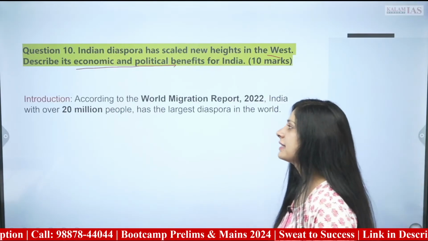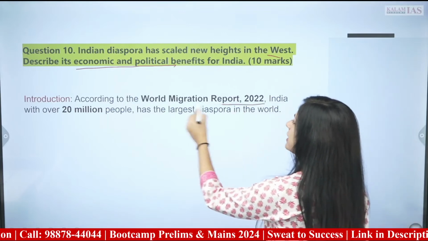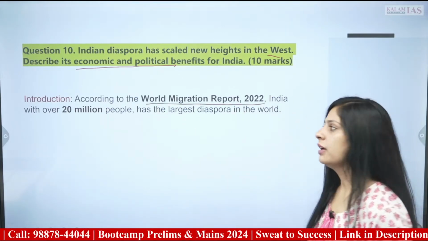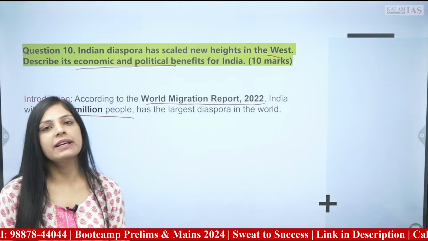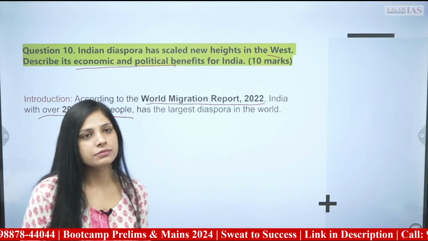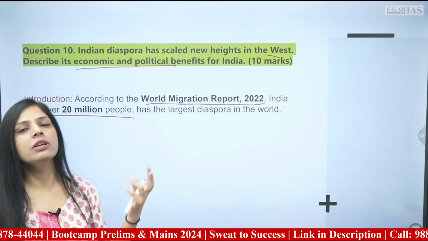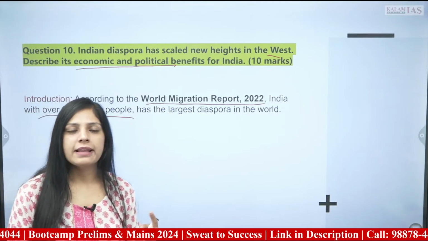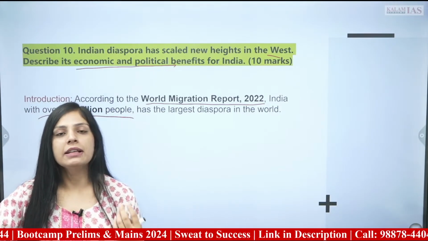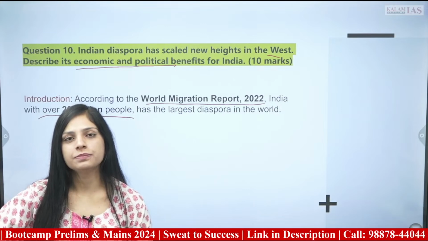You can give some facts, that according to the World Migration Report 2022, with over 20 million people, the Indian diaspora is the largest across the world. So this is a fact about the role or importance of diaspora, that India has the largest diaspora in the world.